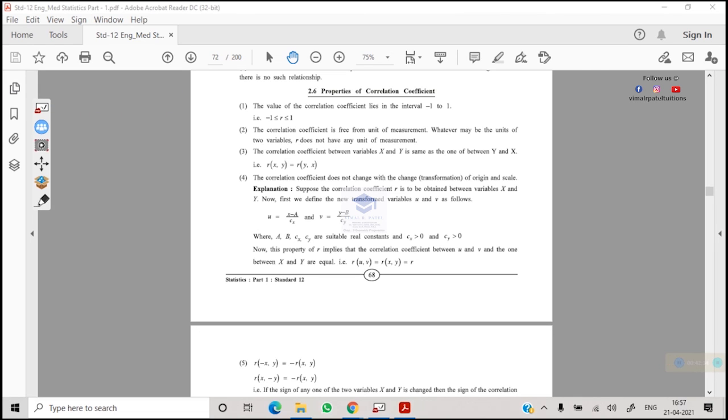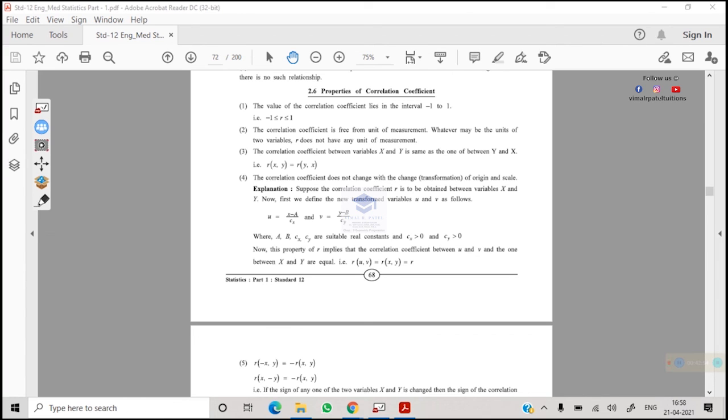Now, properties or characteristics of the correlation coefficient. As I told you, the value of the correlation coefficient will be between -1 and +1. It cannot exceed +1 and it cannot be less than -1.